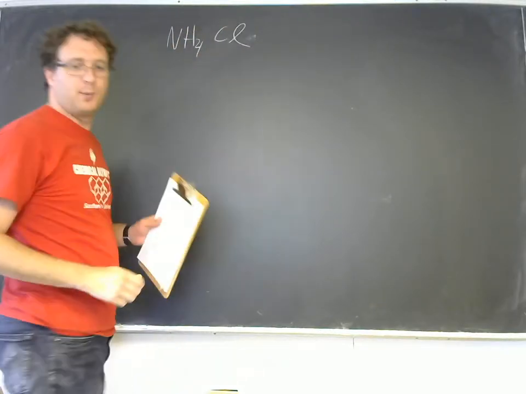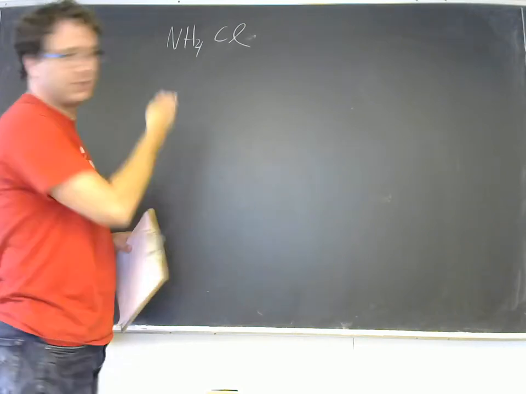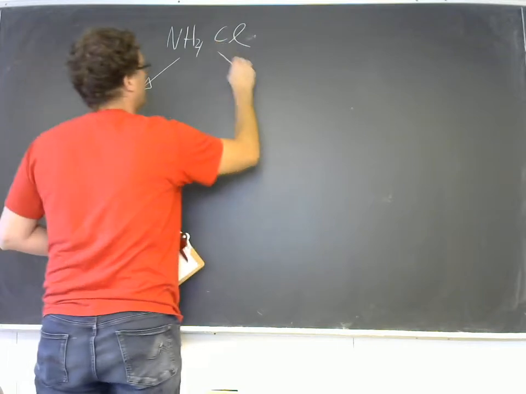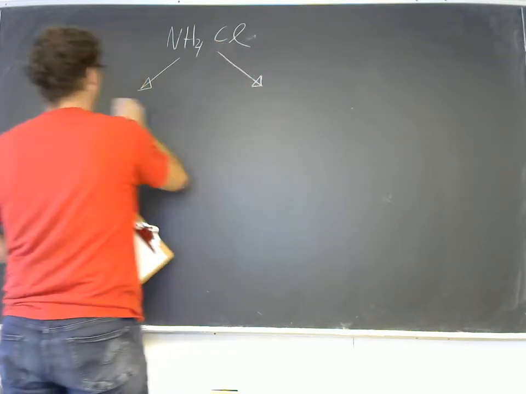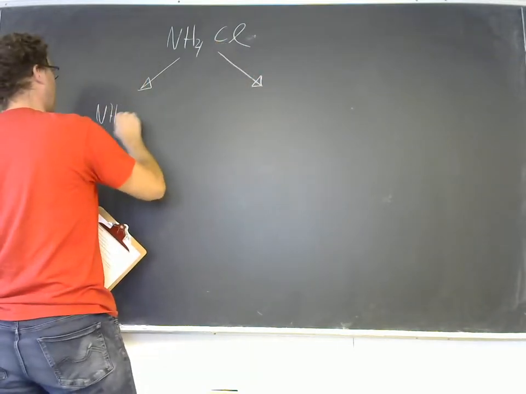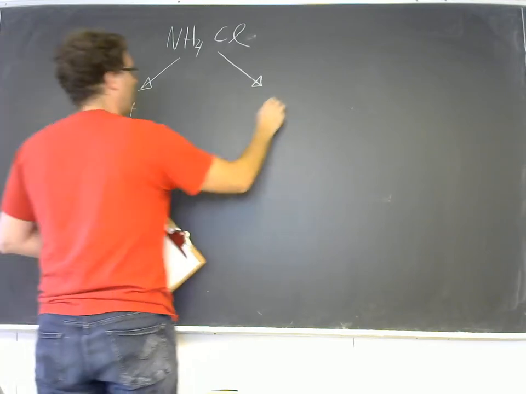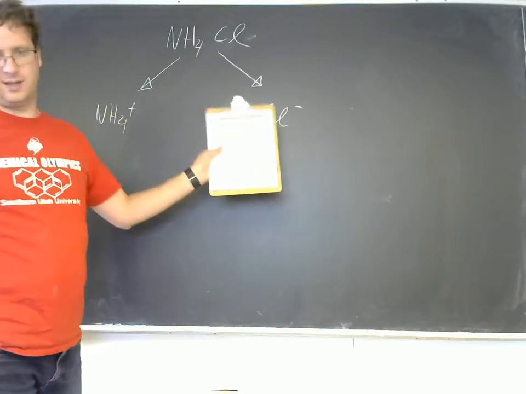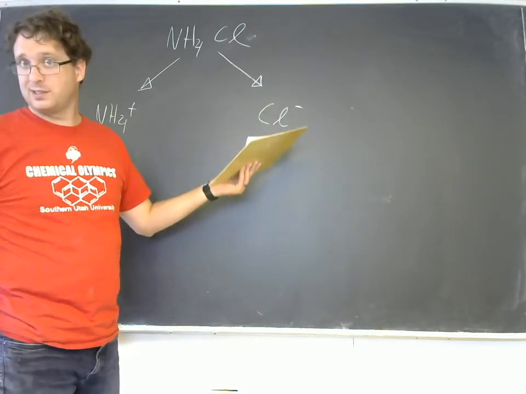Ammonium chloride. So this is a soluble salt. When it breaks apart in solution, we are left with NH4+ and Cl-. And we'll look at each of these and say, is this an acid, is it a base, or is it neither?